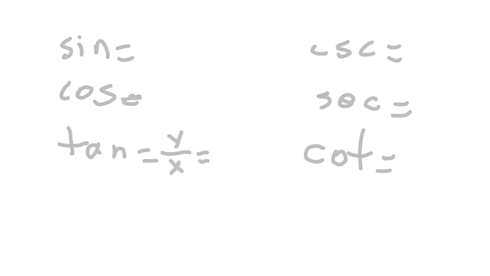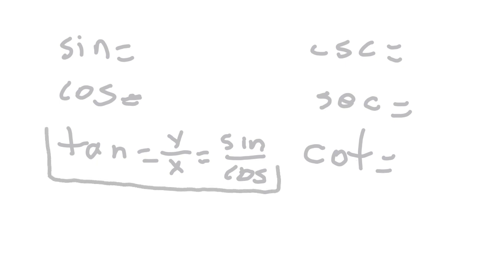We also know that tangent is sine over cosine. So if you ever forget which one is sine and which one is cosine, this will tell you. That means that sine is y and cosine is x.